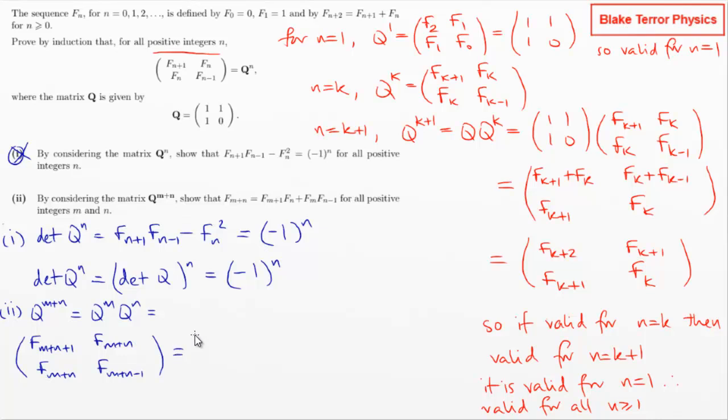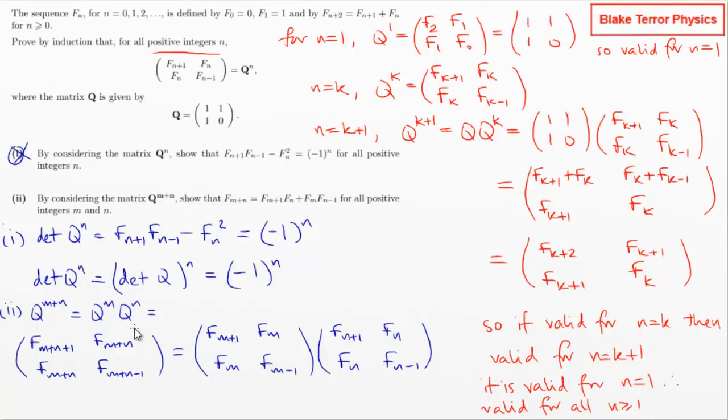And then that has to be F_{m+1}, F_m, F_m, F_{m-1} multiplied by F_{n+1}, F_n, F_n, F_{n-1}.